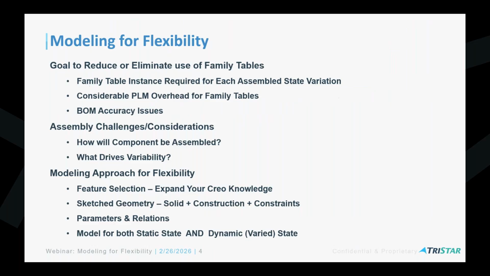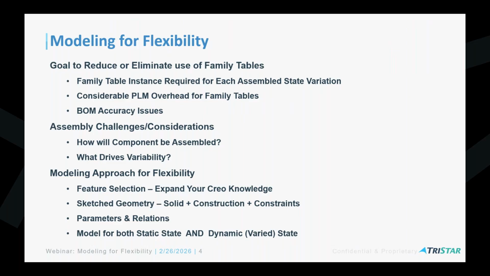So really, when we think about creating these types of parts, in the past, a lot of companies have created family tables to represent the different variations in the assembly. So we would require a family table instance for each assembled variation.